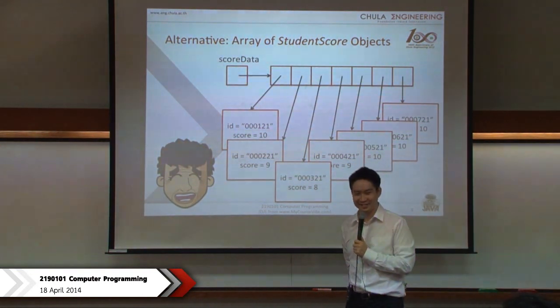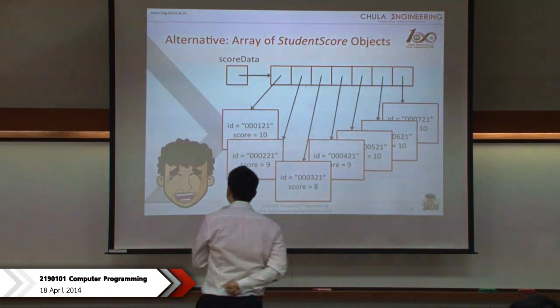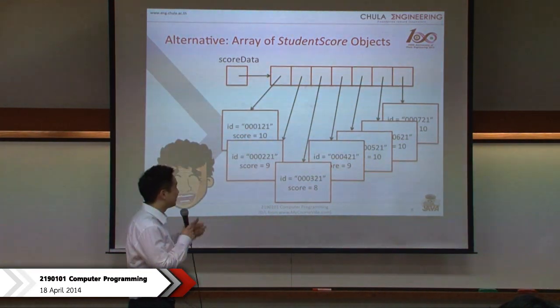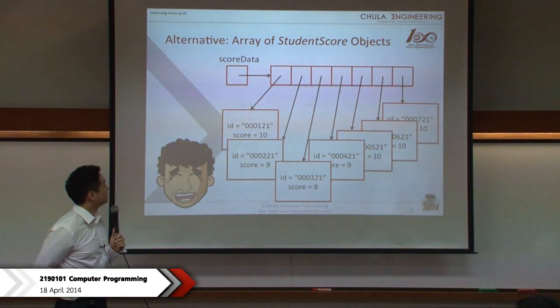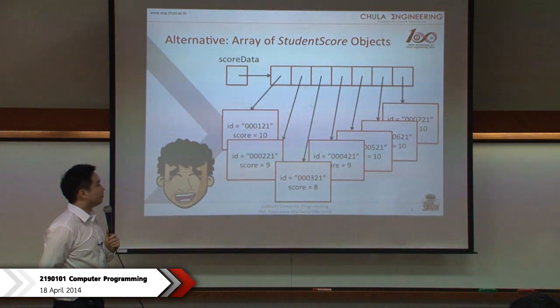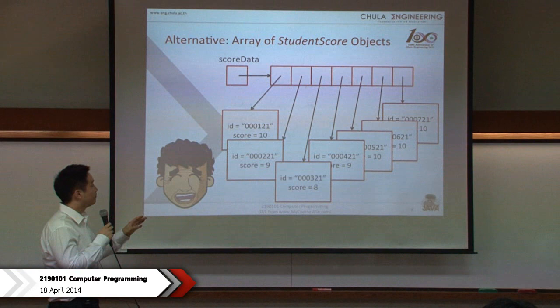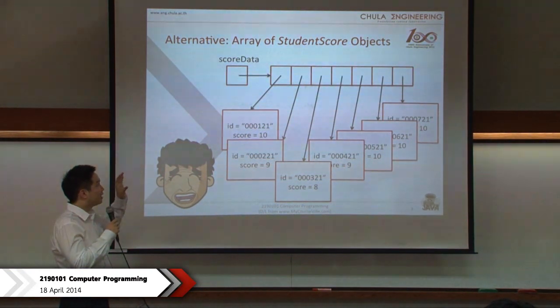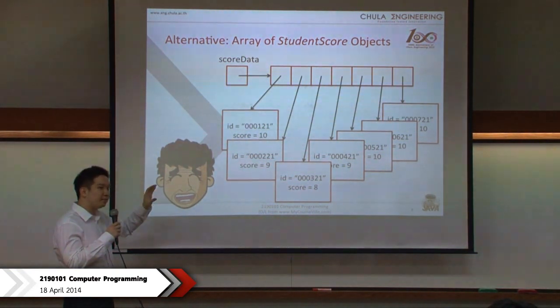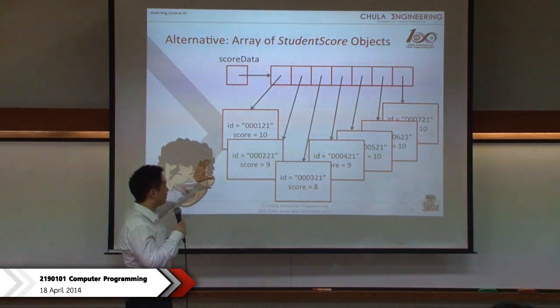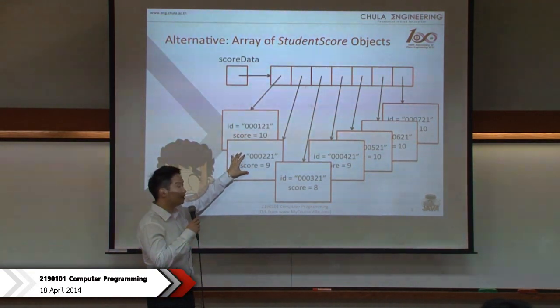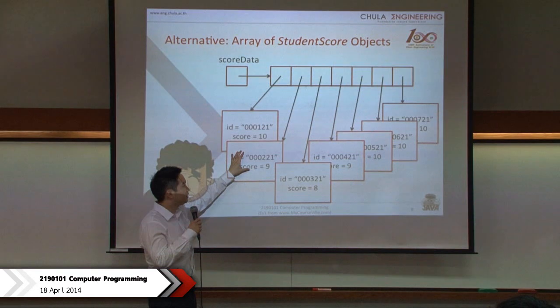Okay, so now the guy is actually smiling because instead of having two separate arrays, now we have an array where each element contains what we call a tuple or an object.